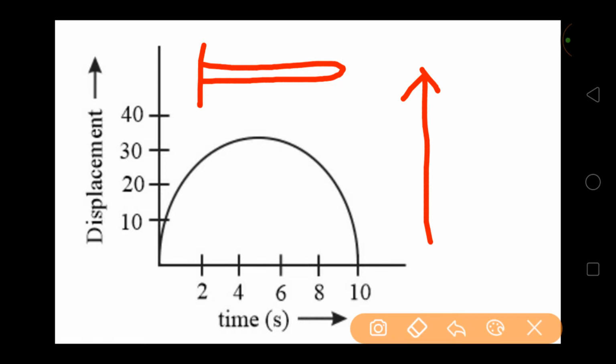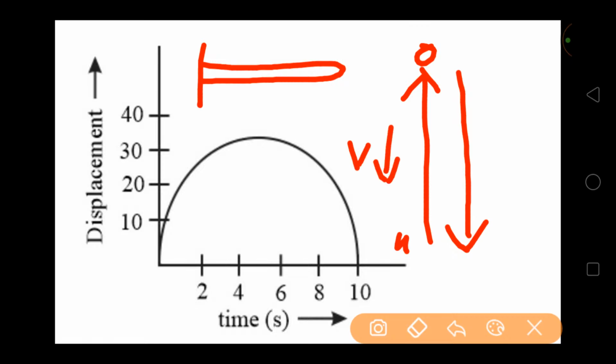So velocity first decreases from a value, say u, to 0, then reverses its direction and comes back to the same point. The velocity changes its sign, so at one point velocity has to be 0.